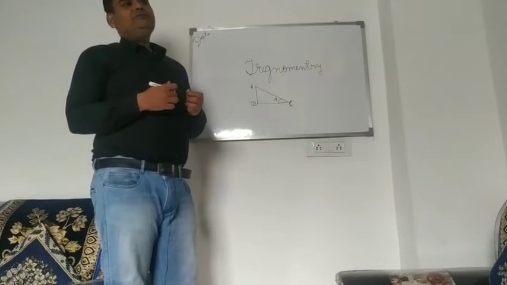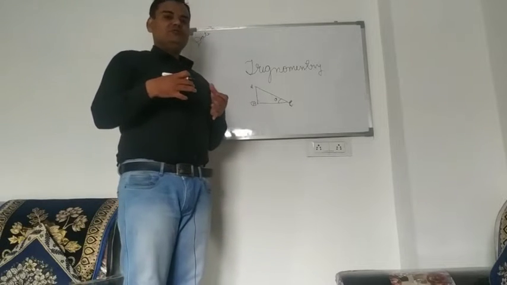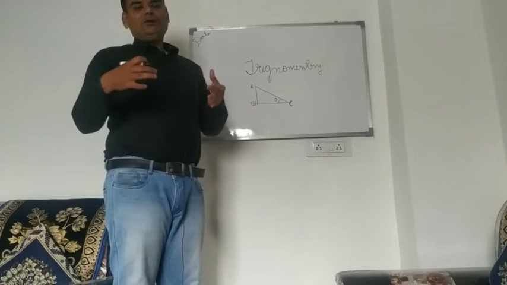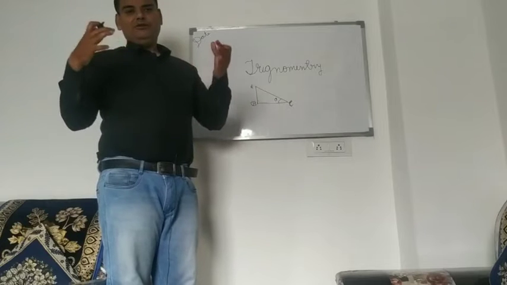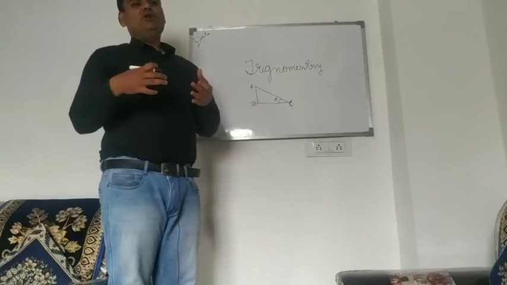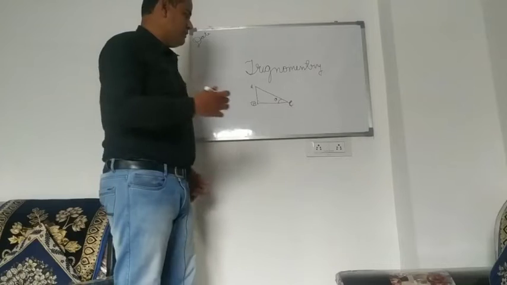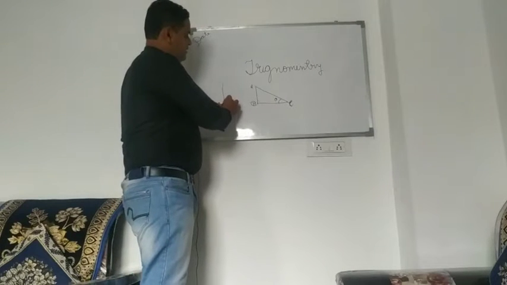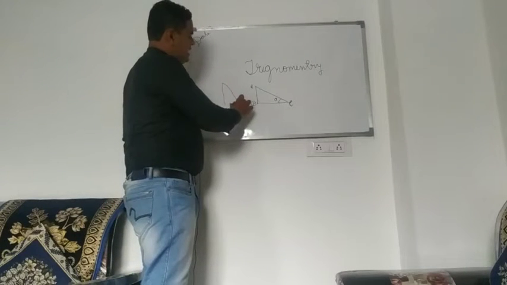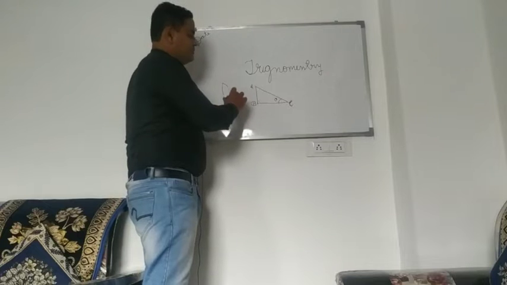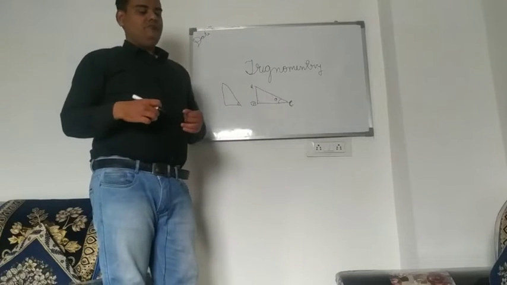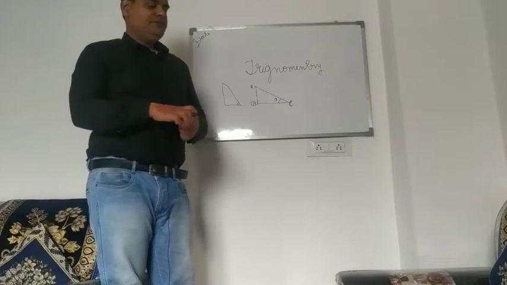It is very important while calculating the distance of a particular place, like the distance between the planets, or the height of a cliff or the top of a building. If you want to calculate a slope or something else, trigonometry plays a very important role.